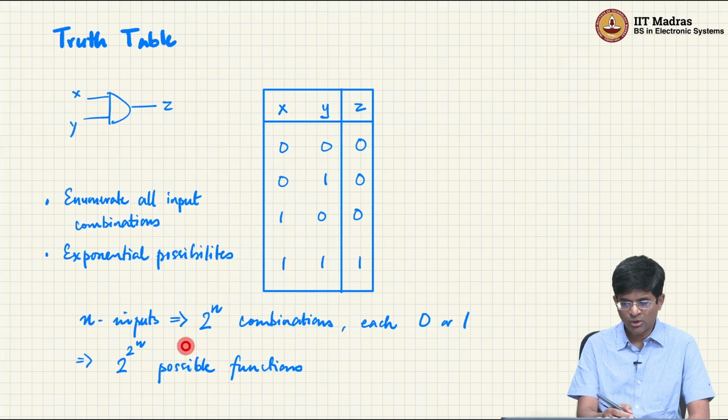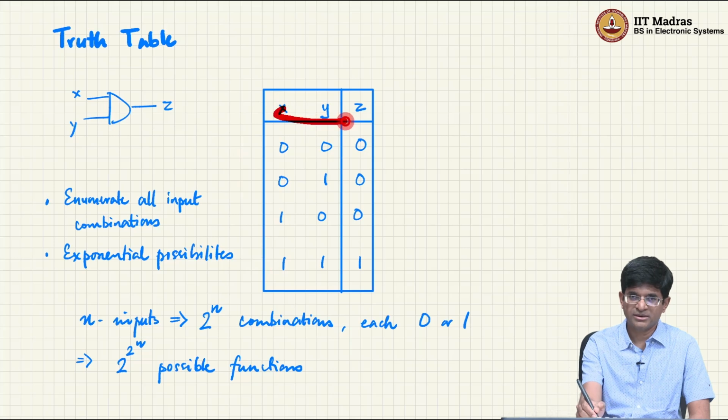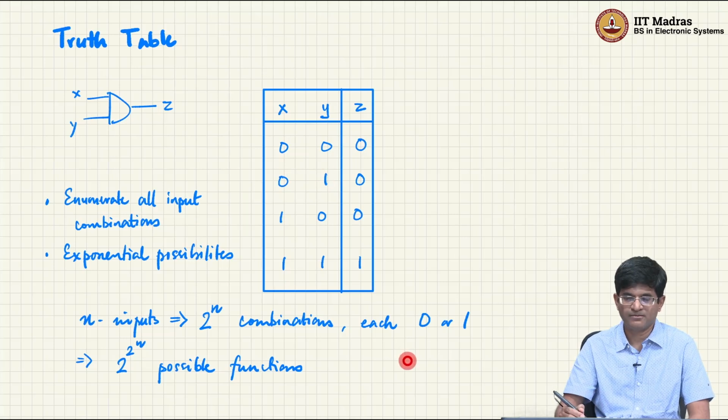Now, one small side note over here: instead of 2 inputs, if we had 3 inputs, let's say, then the number of combinations would be 0, 0, 0, 0, 0, 1, 0, 1, 0 and so on. In other words, there would be 2 power 3 combinations. If there were 4 inputs, x, y, z and t, there would be 2 power 4 possible combinations. Now, for each of those combinations, the output could be either a 0 or a 1.